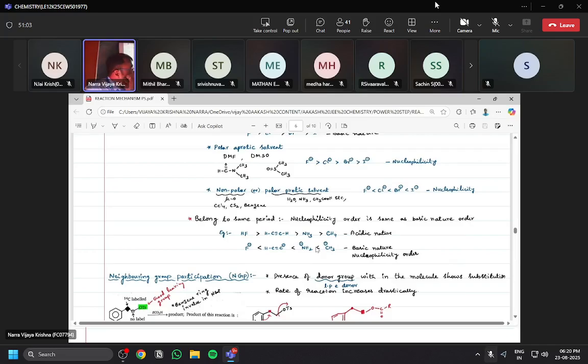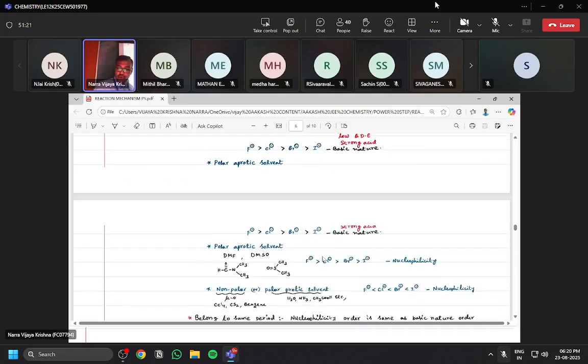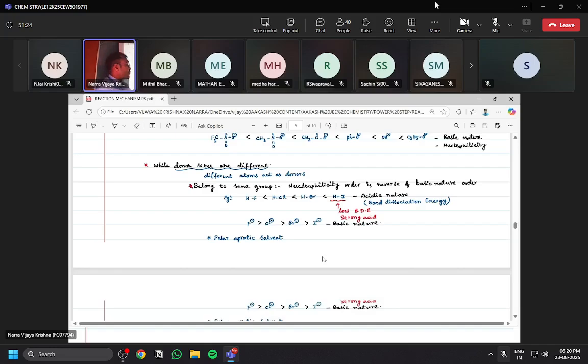Therefore, in a period from left to right, nucleophilicity order decreases: CH3 minus, NH2 minus, OH minus, F minus. Correct or not? Now, in a group from top to bottom, which is the better nucleophile? What we discussed: nucleophilicity order is the reverse of basic nature order. This is the basic nature order.